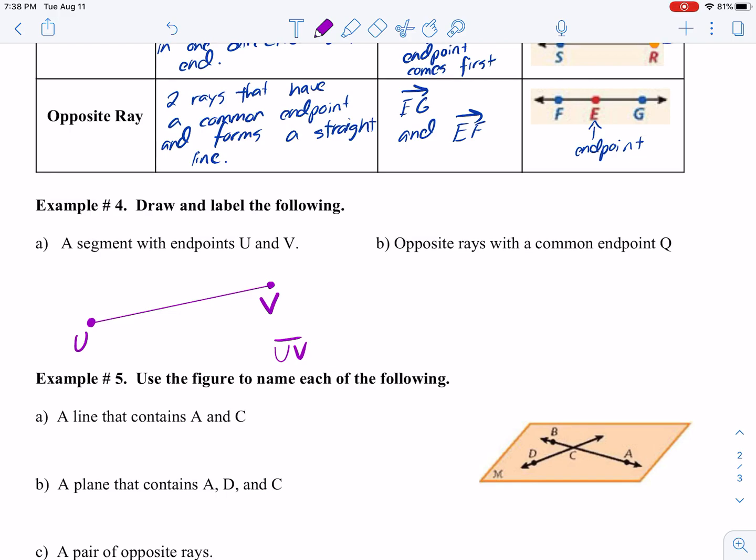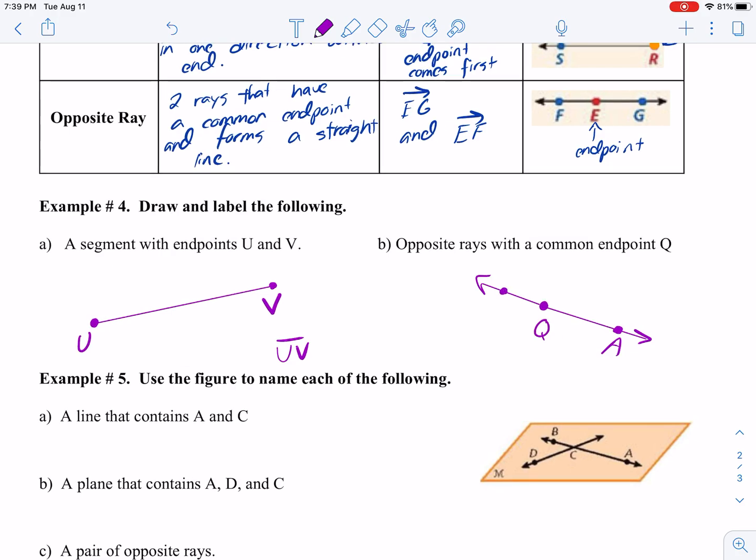Opposite rays with common endpoint Q. Well, we need that common endpoint Q. We need a ray going in one direction, which means we need another point on this line. We can just use A, that's fine. And another ray going in the opposite direction, forming a straight line. That's not the best line. Let's try to make this as straight as we can.